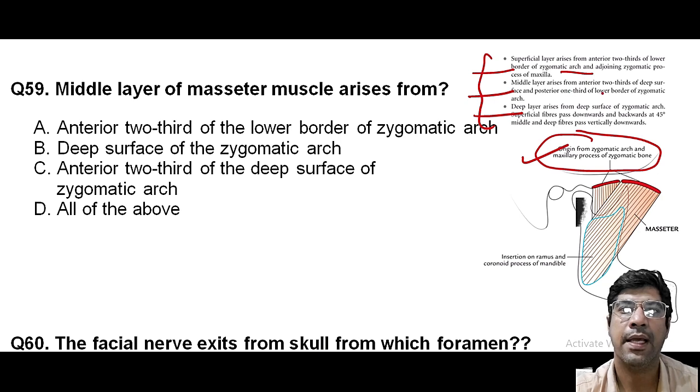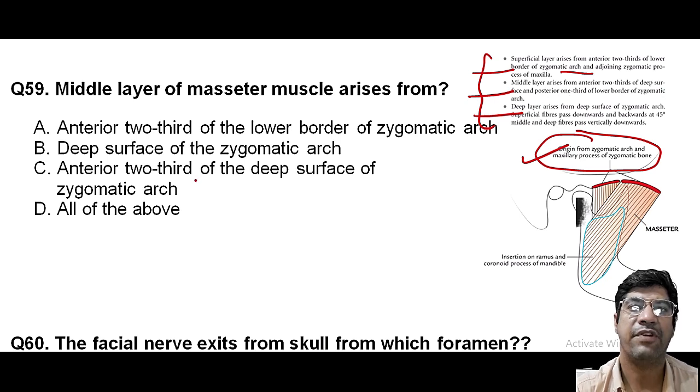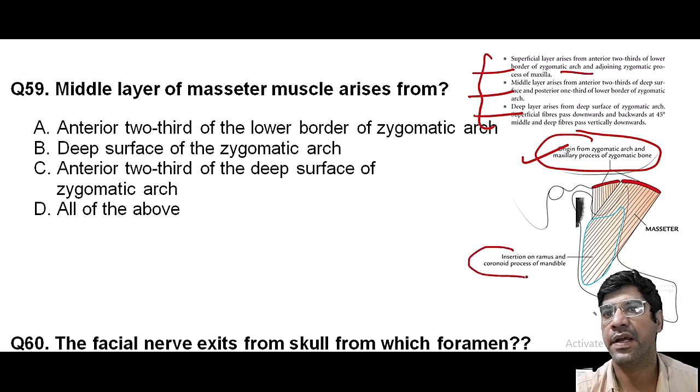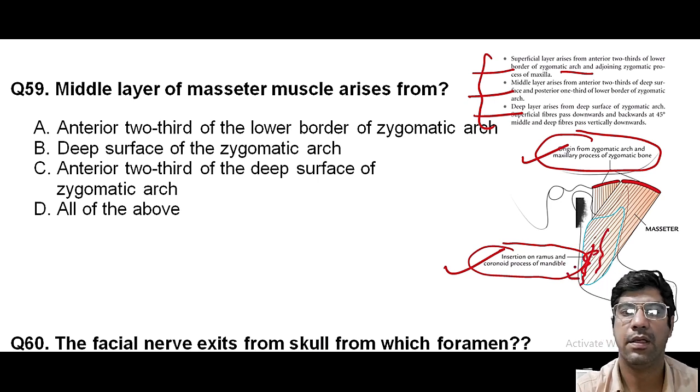Whereas the middle layer arises from the anterior 2/3 of the deep surface and posterior 1/3 of the lower border of the zygomatic arch. Whereas the deep layer arises from the deep surface of the zygomatic arch. And the fibers are inserted on the ramus and coronoid process of the mandible.